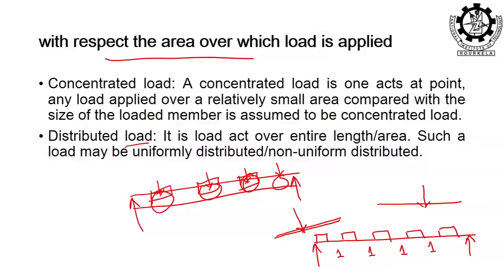If one i10 car is standing, it is uniformly distributed up to 5 meters. If I change it to one i10 car, one 6 wheeler, one 12 wheeler, then they are non-uniformly distributed, and accordingly the load changes.